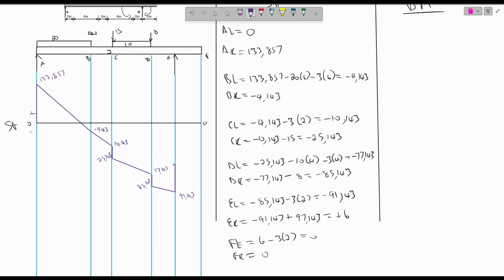Then our E right is 6. Then back to 0. Okay.